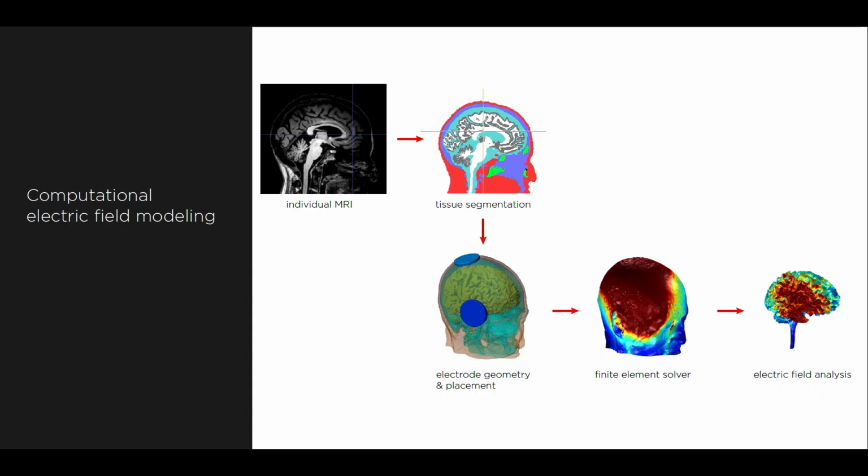Does it make a difference? What's the difference between these coil localization methods? And to do this, we resort to computational electric field modeling.